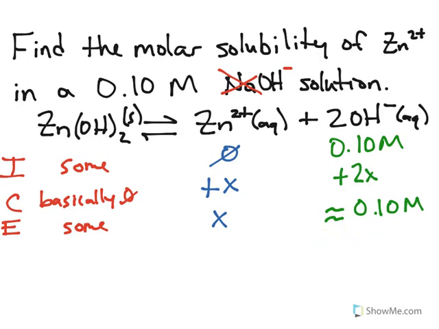So, in order to make this assumption, though, that this doesn't change, we need to state that assumption. Whoever's grading your test needs to know where this thought is coming from.